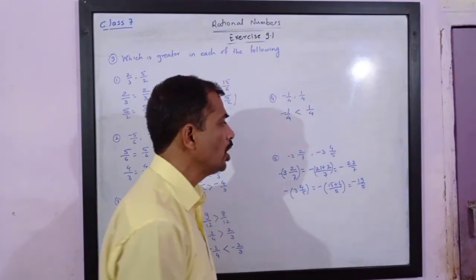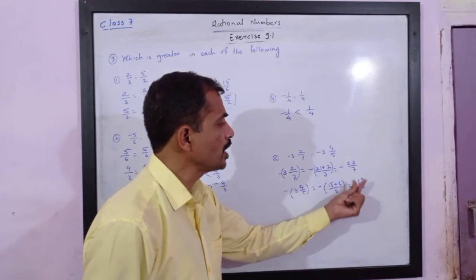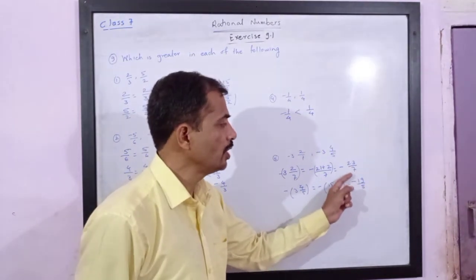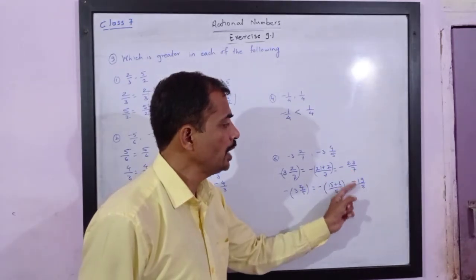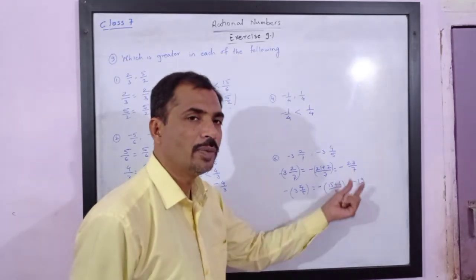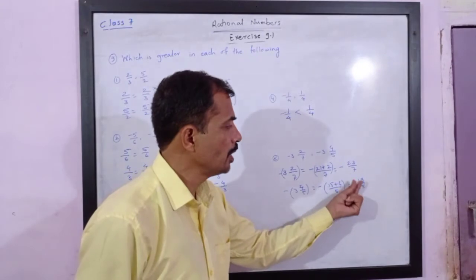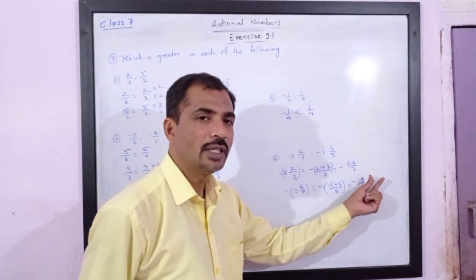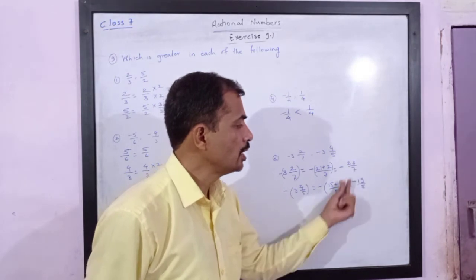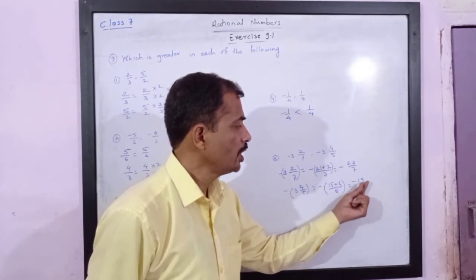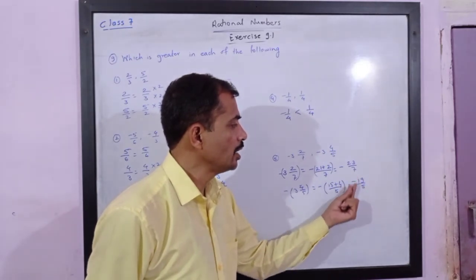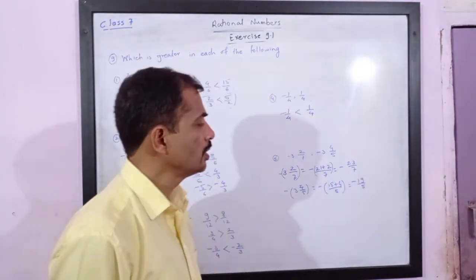Now, in order to compare negative 23 upon 7 and negative 19 upon 5, please note denominators are different. So, in order to make the denominators same, we need to multiply. They are co-prime numbers. So, multiply the first fraction by the denominator of the other rational number, and multiply second rational number with the denominator of the first rational number.